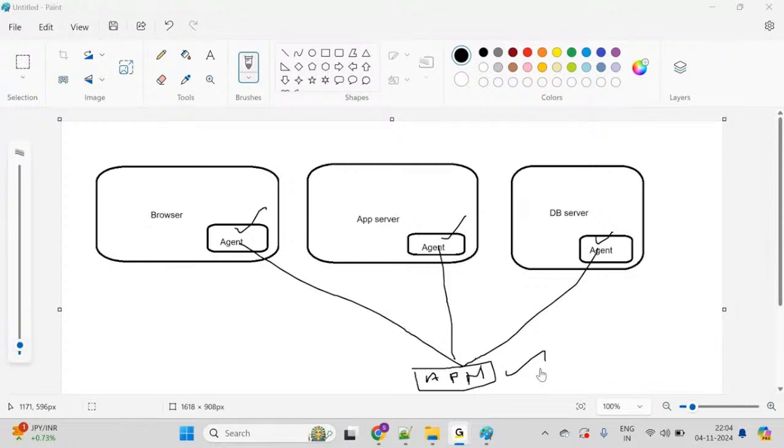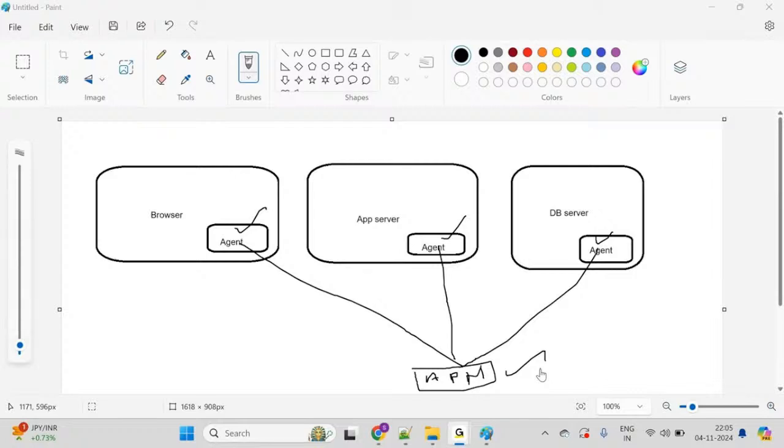In Dynatrace, the name of the agent is called OneAgent. I'll explain OneAgent in detail in the later part of the session. But OneAgent is installed in each of the places, and it will collect the data related to the browser, application, database, and infrastructure.